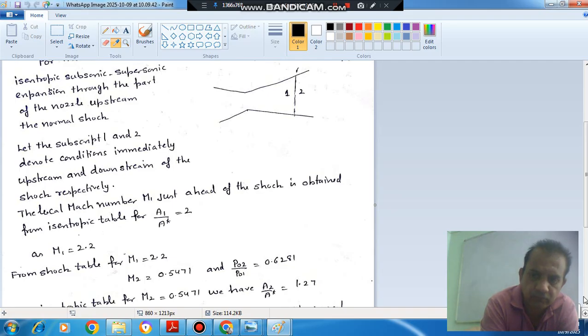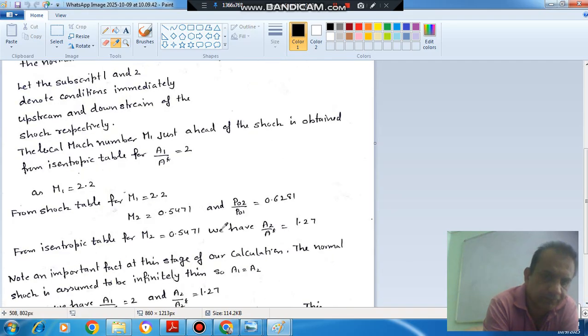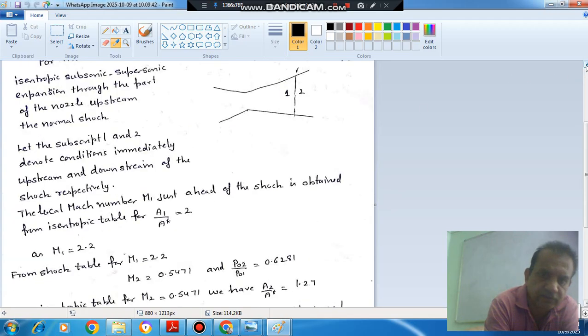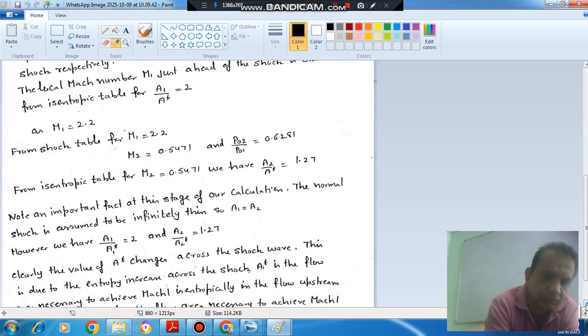So now after 2 the process is isentropic. And this is not A star for this part because shock has occurred. So there will be some other A star, so we'll find out that A star for the portion 2 also.